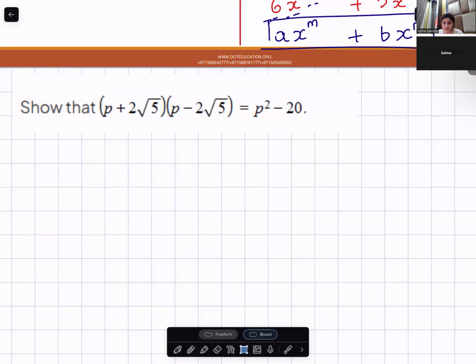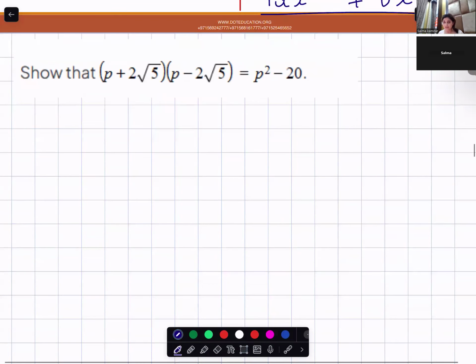Let's do the next question, which says, show that (p plus 2 root 5) into (p minus 2 root 5) is p square minus 20. If you look properly over here, you need to simplify this, and to simplify this, you have to expand your brackets.